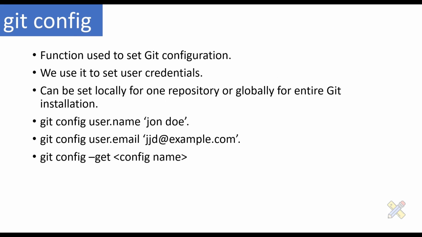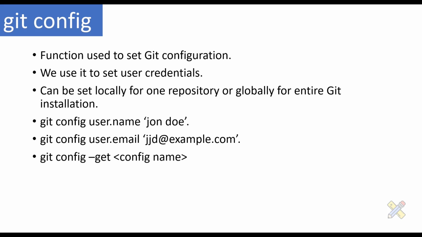Next, we cover git config. This one is used to set Git configuration, and we will use it to set user credentials. It can be set locally for one repository or globally for the entire Git instance, depending upon your need. So we can use this command as git config followed by the name of the config variable. In this case, it's user.name followed by the name of the user in single quotes.